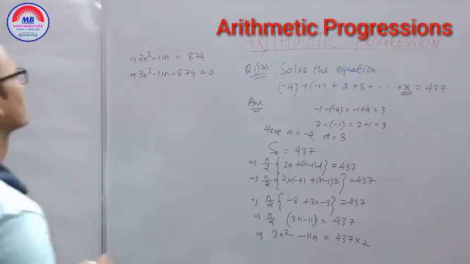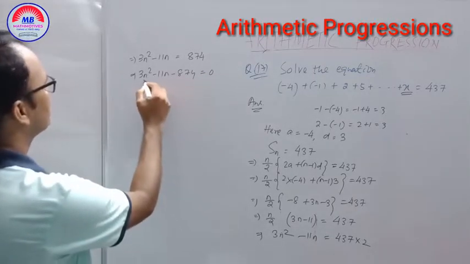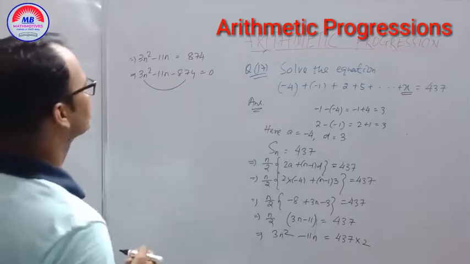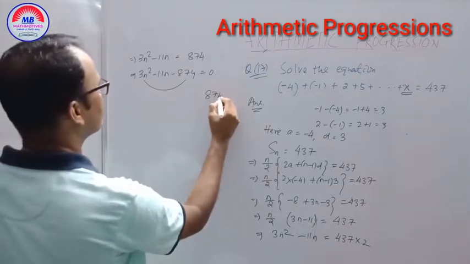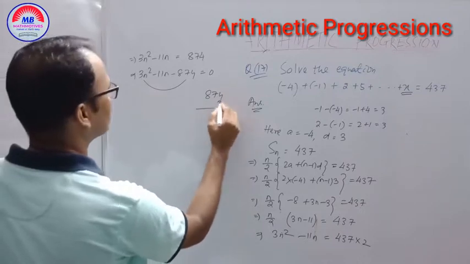Here we can solve it by middle term factor. Middle term factor: 3 into 874.